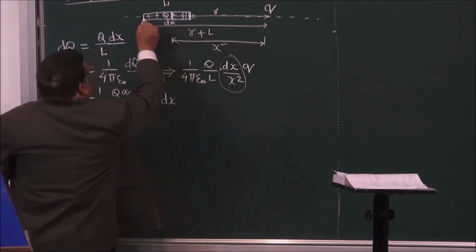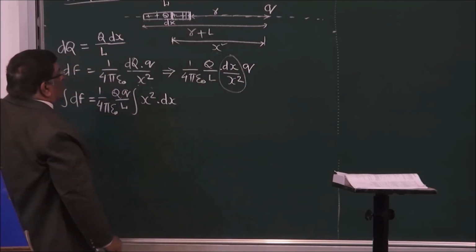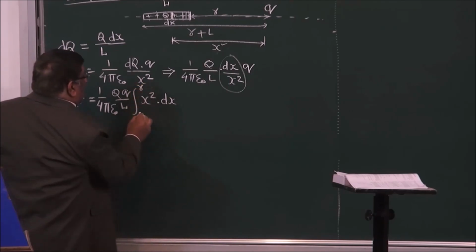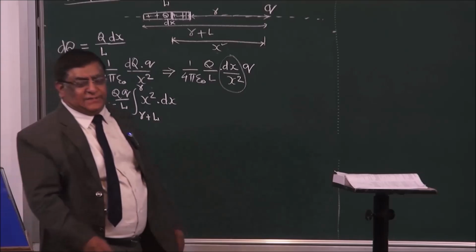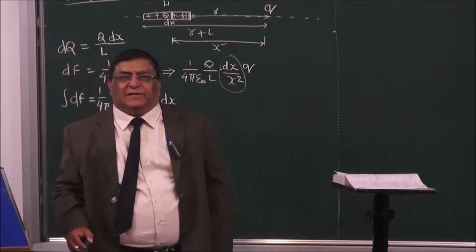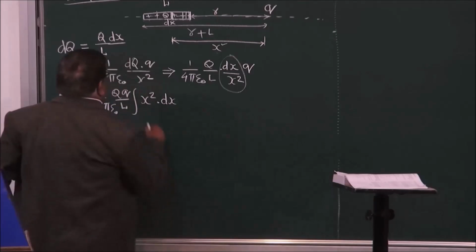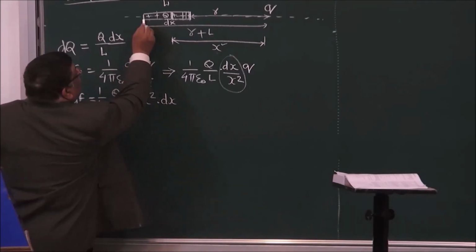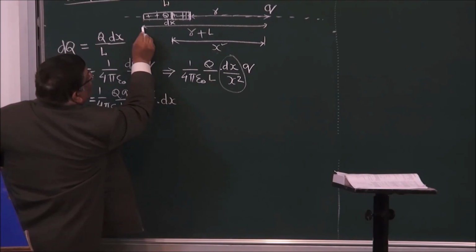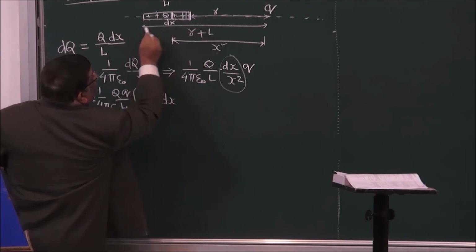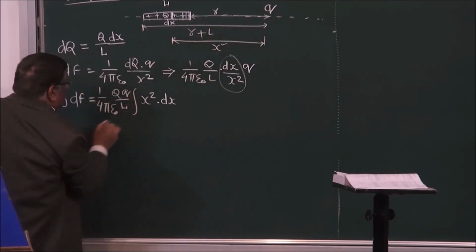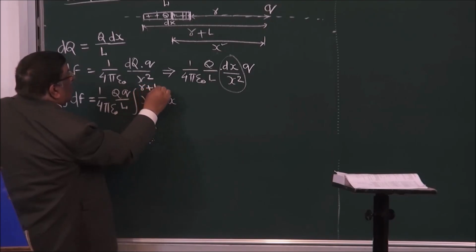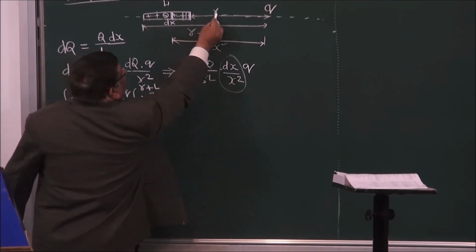Answer, it will go up to R plus L. So these are our two limits. How much is this distance? This distance is R plus L from here to here. So we will start integrating from the smaller value R.